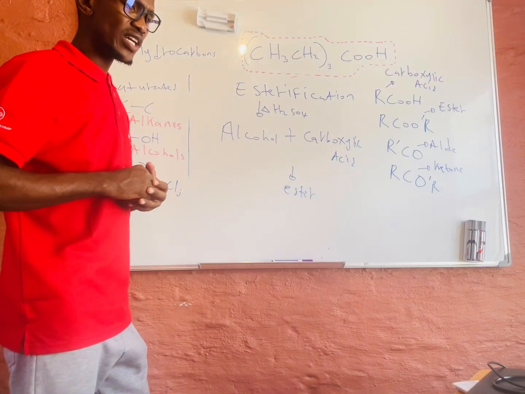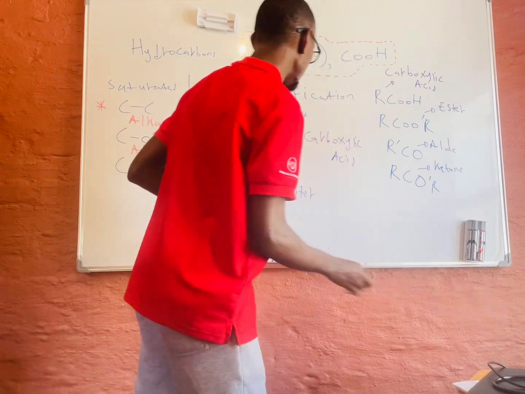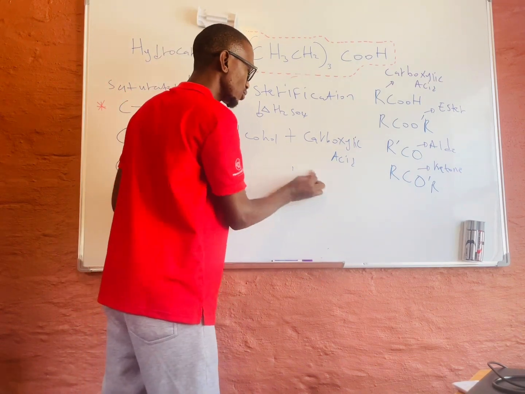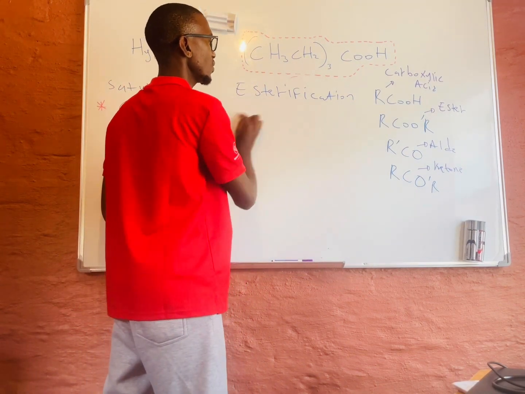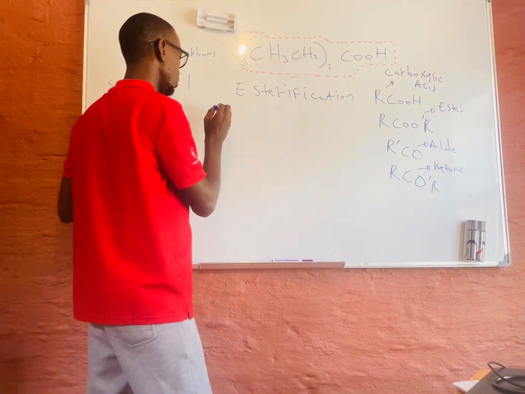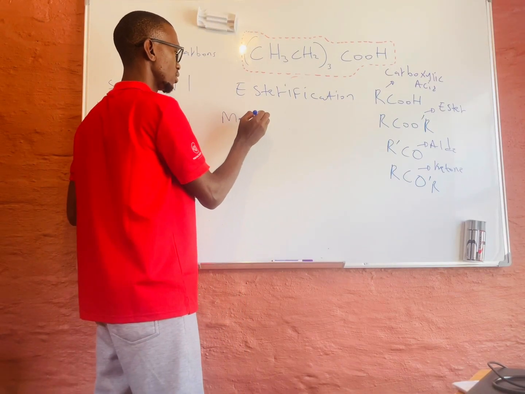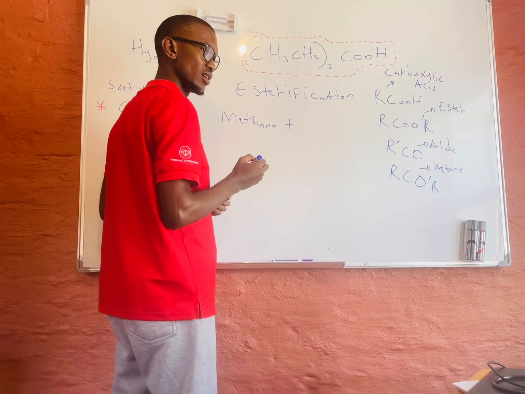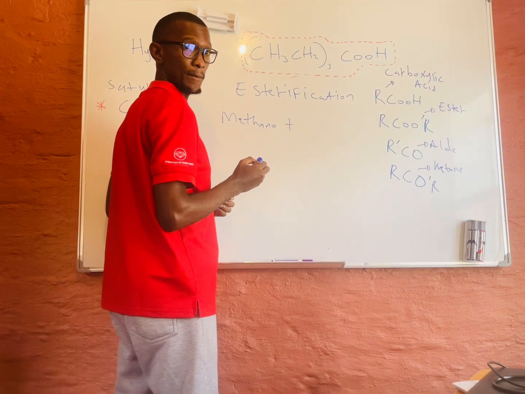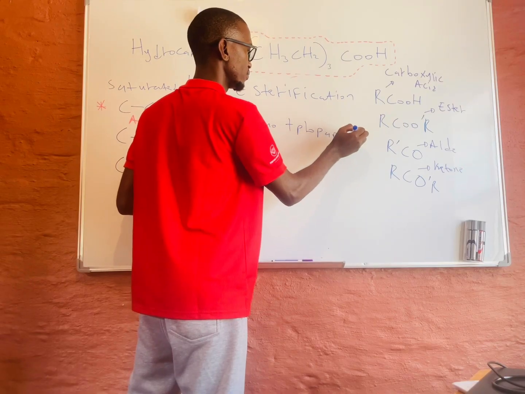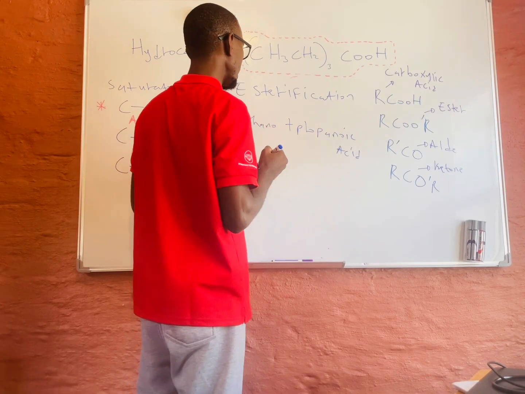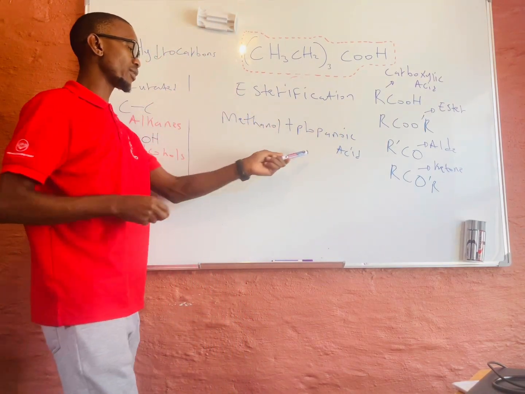I'm going to show you. Let's think of any alcohol and any carboxylic acid so that I can show you how to form an ester. Let's think of methanol. Let's react methanol plus what? Propanoic acid. So we're reacting methanol with propanoic acid.